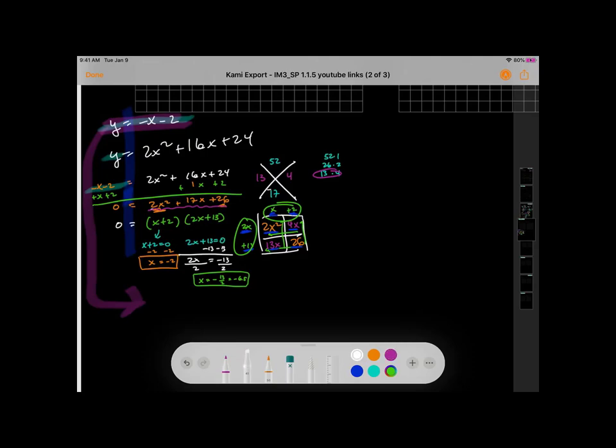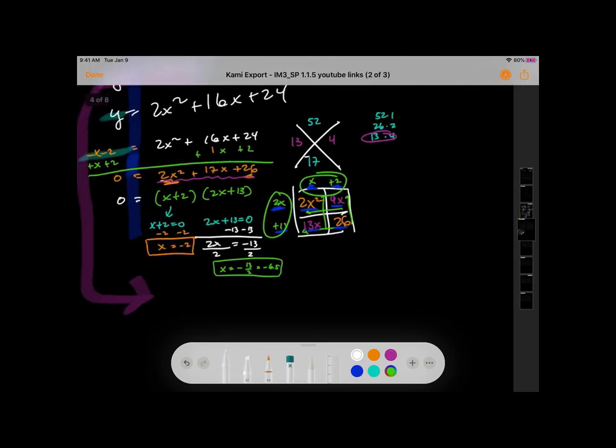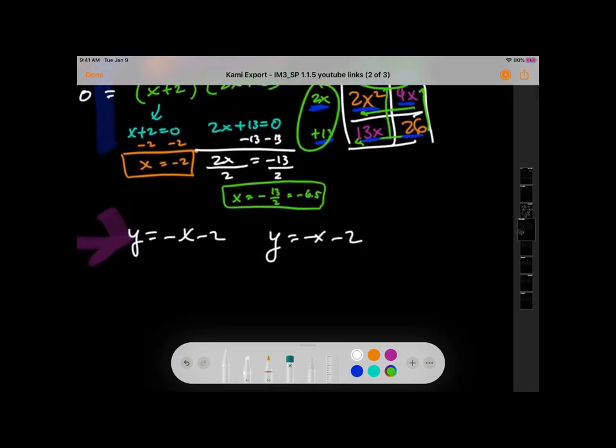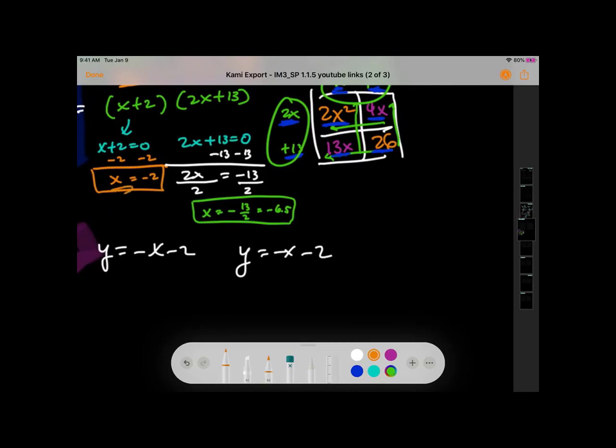Pencil's working. There we go. Y equals negative x minus 2. And let's do the orange one. So negative 2. And let's work with fractions. Fun fractions. Negative 13 halves.